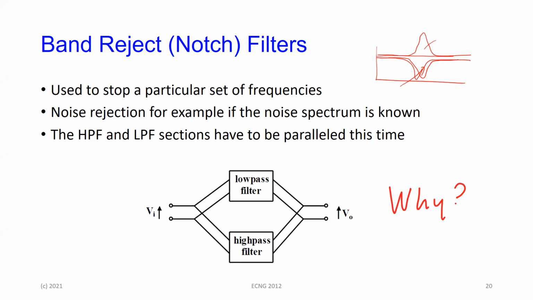So for instance, as I mentioned, when you're doing biomedical work, there's a 60 hertz signal because we are in a 60 hertz power system, or 50 hertz, depending on where you are. We all pick up this 60 hertz signal. And if you just simply hook up electrodes, for instance, to measure brain waves or heart signals and the like, there is a 60 hertz signal always inside of there.